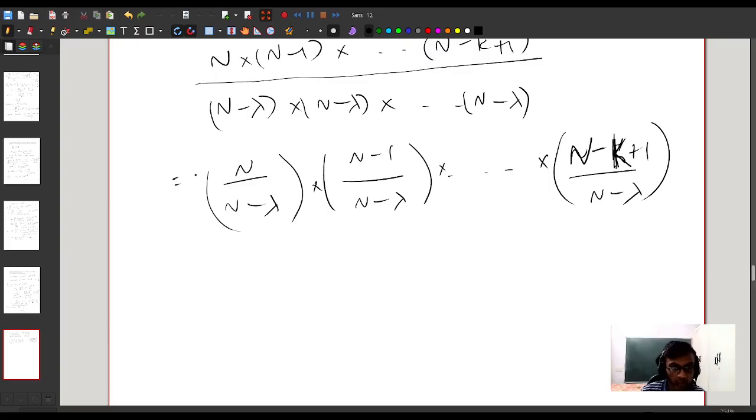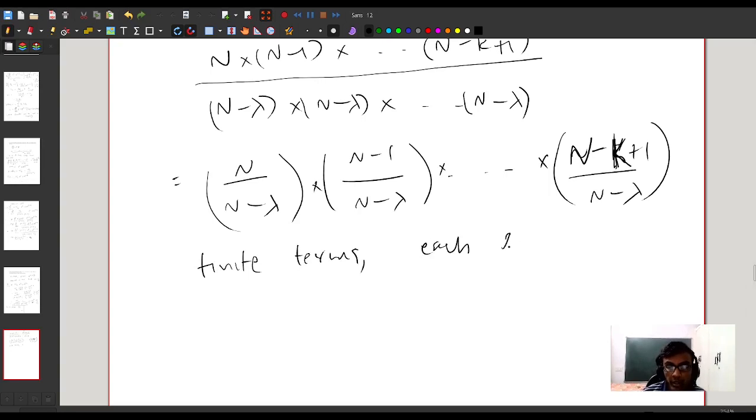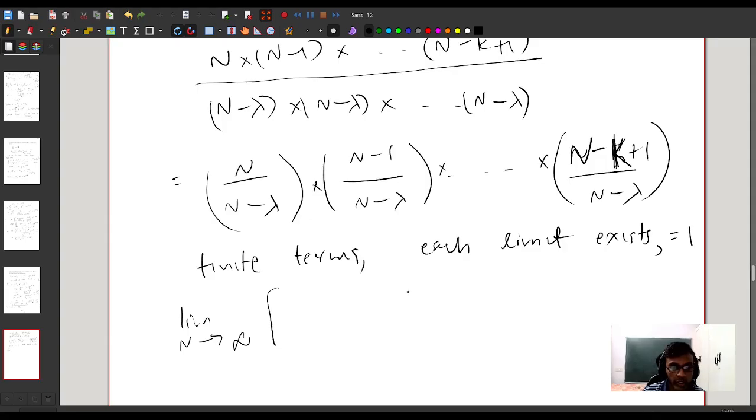So the limit for this full expression also exists. We have finite terms, and each limit exists and is 1. So the limit n tends to infinity of this whole thing exists and is equal to 1.